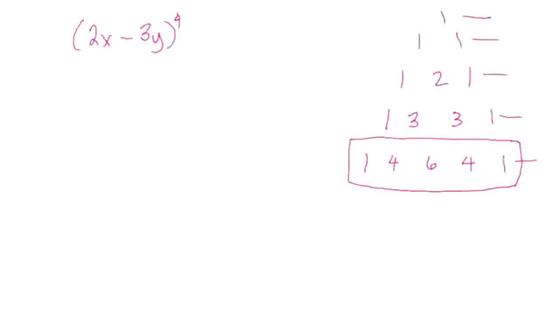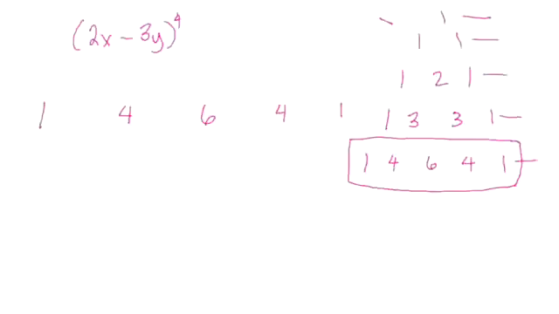All right, so what I'm going to do is write those coefficients down. I'm going to write 1, and then leave some room. 4, leave some room. 6, leave some room. 4, and then leave some room and put a 1.